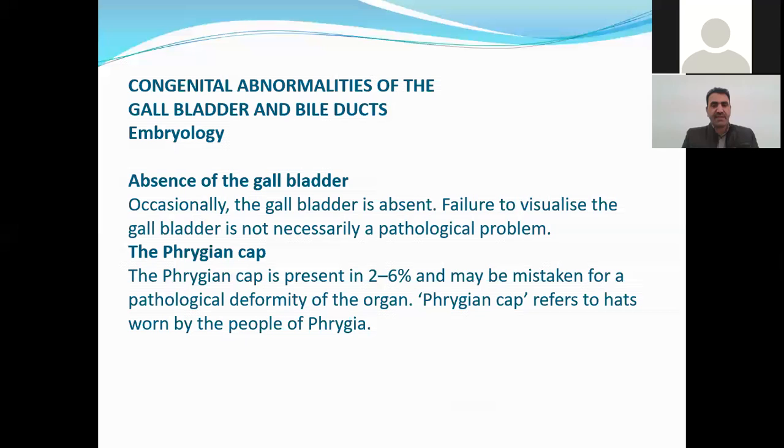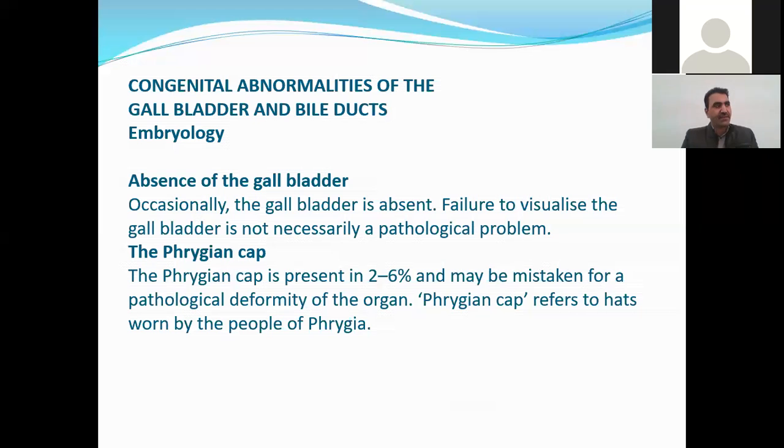The gallbladder is absent congenitally, but failure to visualize the gallbladder does not mean it is not found, okay? Because it may be obstructed by a stone. So it is usually a pathological problem rather than congenital absence of the gallbladder, which is very, very rare.